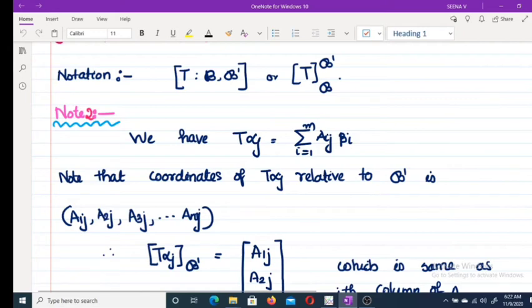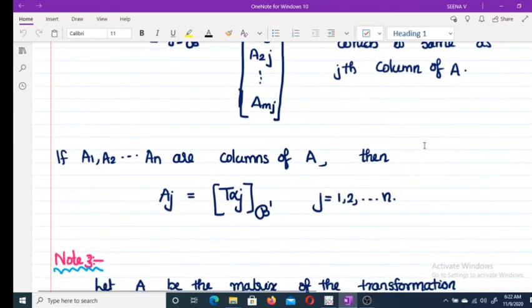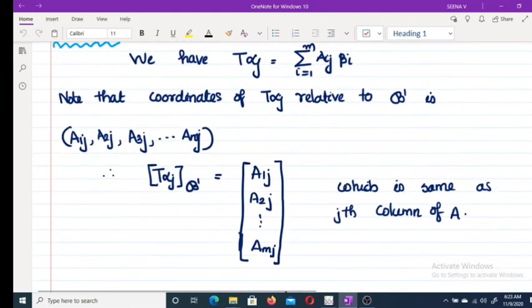That means the matrix of T alpha j related to the basis B dash is this matrix A1j, A2j, etc., Amj, which is the same as the jth column of A. Therefore, if A1, A2, etc., An are the columns of A, then Aj is the same as the matrix of T alpha j related to the basis B dash, and this is the jth column of it.